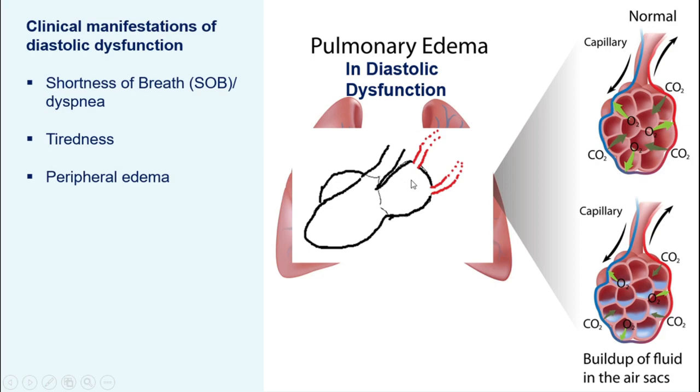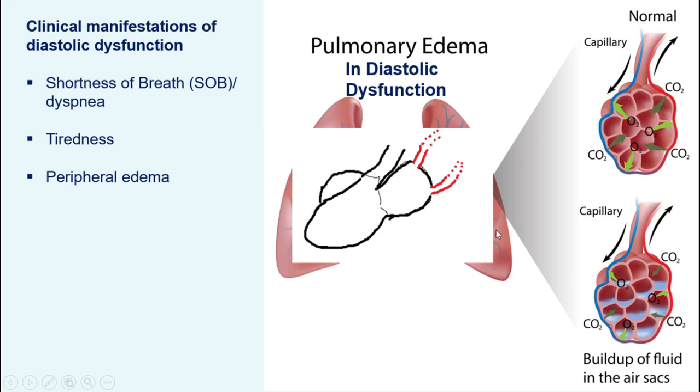So when the pressure inside the left atrium increases, pressure in the pulmonary veins increases too, and even in the pulmonary capillaries, which will be equal to the pulmonary capillary wedge pressure. Increasing pressure at this level causes interstitial and alveolar edema that we call pulmonary edema.